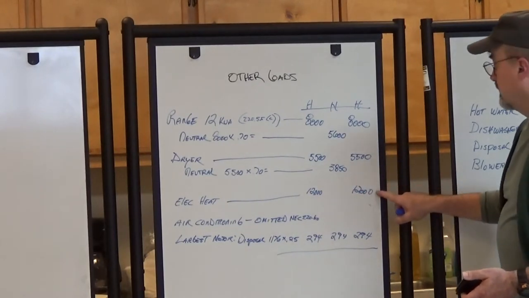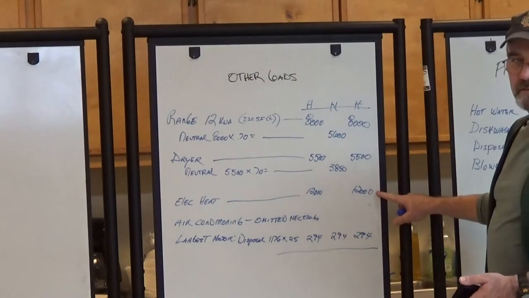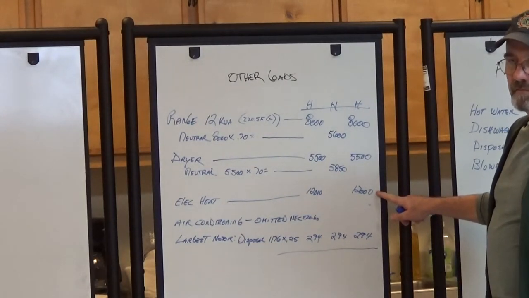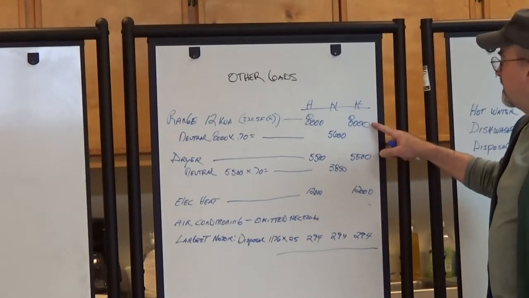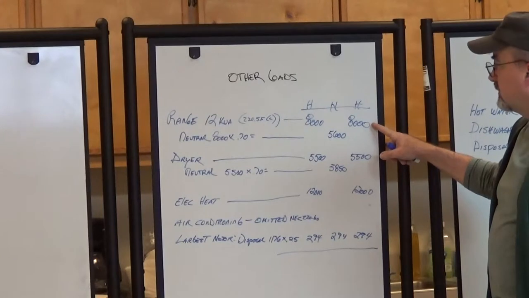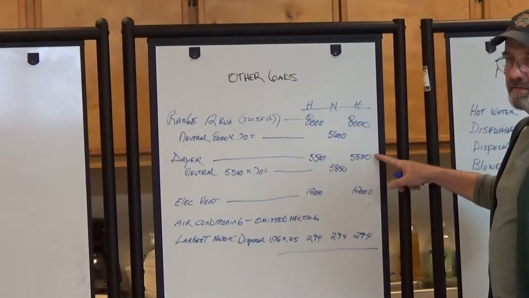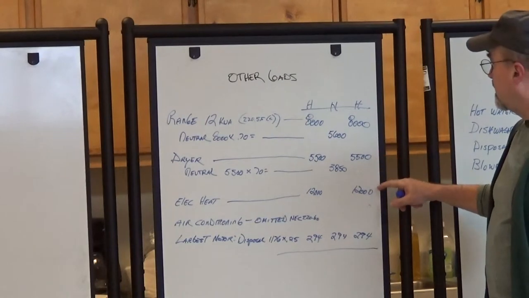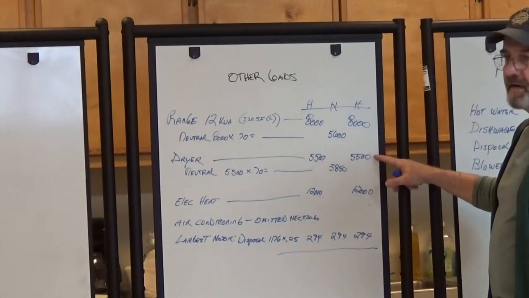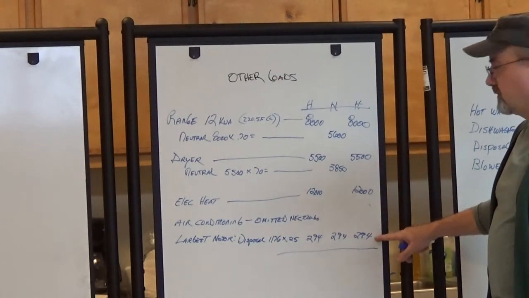So we got 12,000 for the heat. We got 8,000 for the range. That's 20,000. The dryer is 5,500. So that's going to be 25,500. I added an extra 12,000.